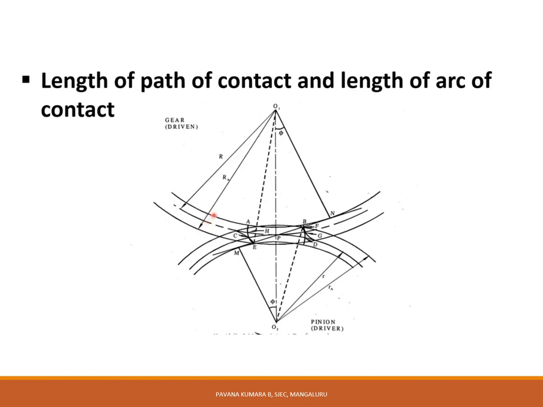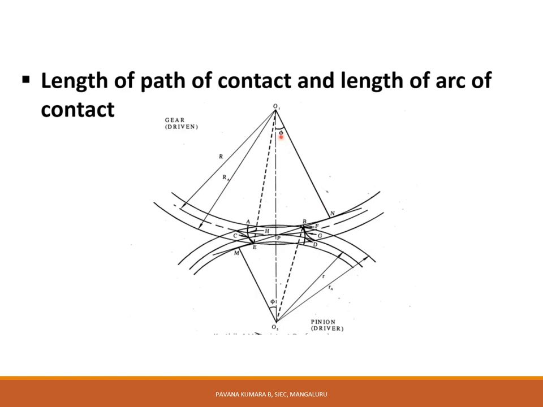This is the pitch circle, and this is the base circle of the driven gear. The driven gear base circle radius is denoted by capital R. Then RA is the addendum radius of the driven gear.